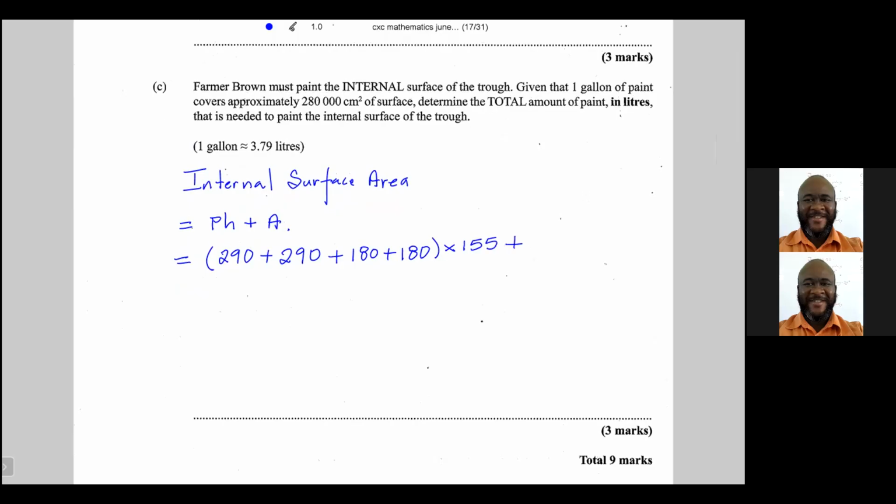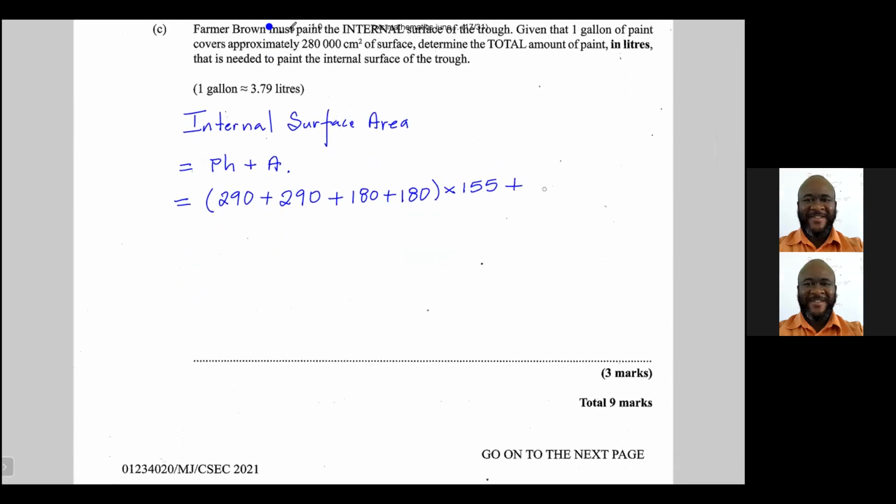plus the area of the base, which is 290 times 180. All right, so PH gives you the area of the four internal sides, and 290 times 180 gives me the area of the base. So let's find out what P is. So it's 290 plus 290 plus 180 plus 180.